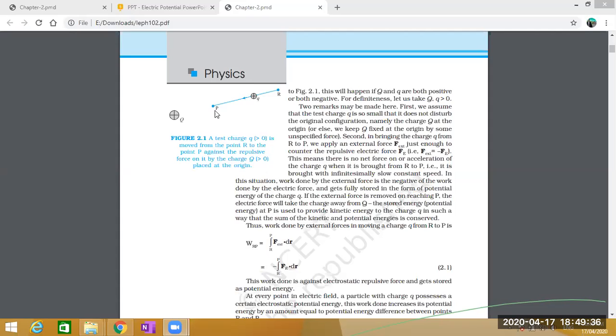So after releasing that ball, it will come down with increasing kinetic energy. So who imparts kinetic energy to that ball? It's a miracle. No one is pushing, no force is applied on that ball. Still, its kinetic energy is increasing.